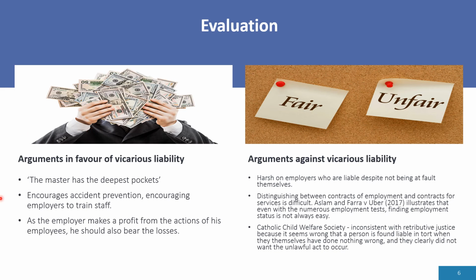We could also say that vicarious liability is going to encourage accident prevention. Employers, if they know that they might be liable for the torts of their employees, might be more likely to train their staff, take precautions, and things like that.